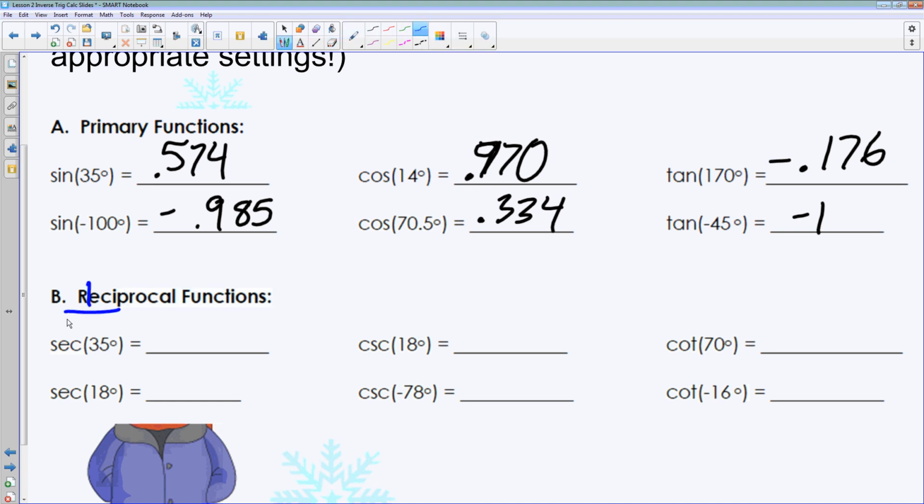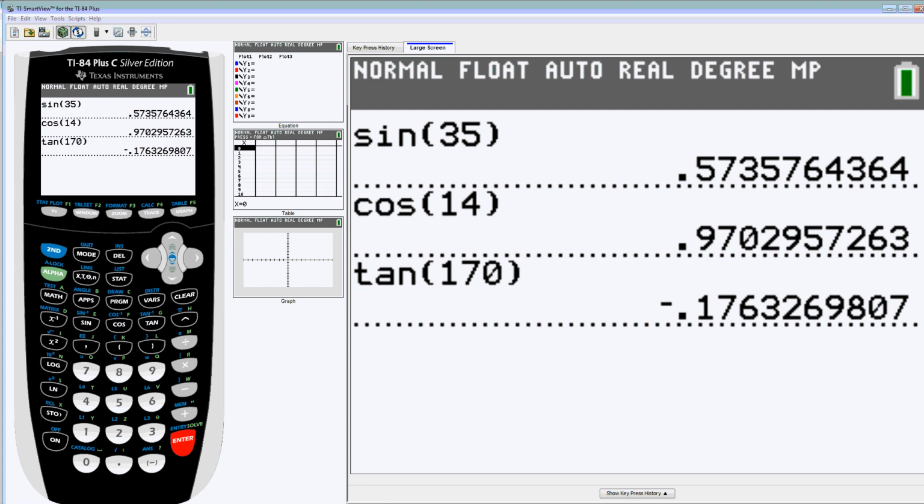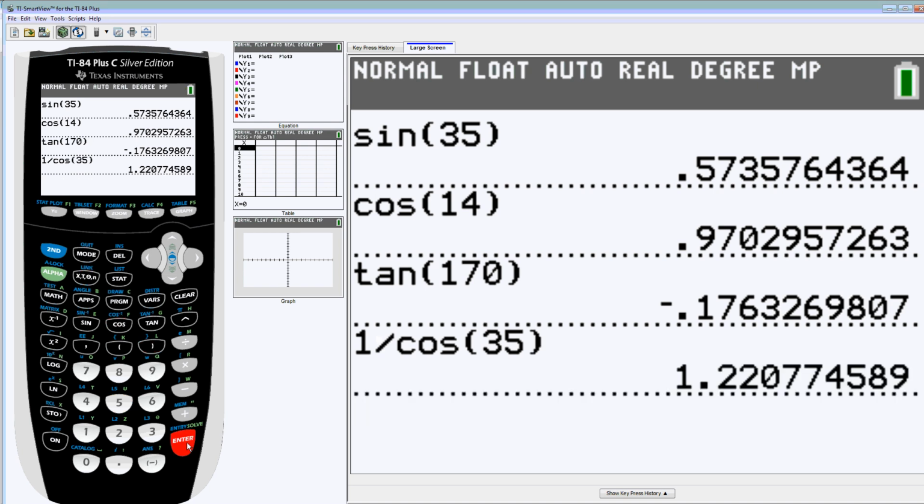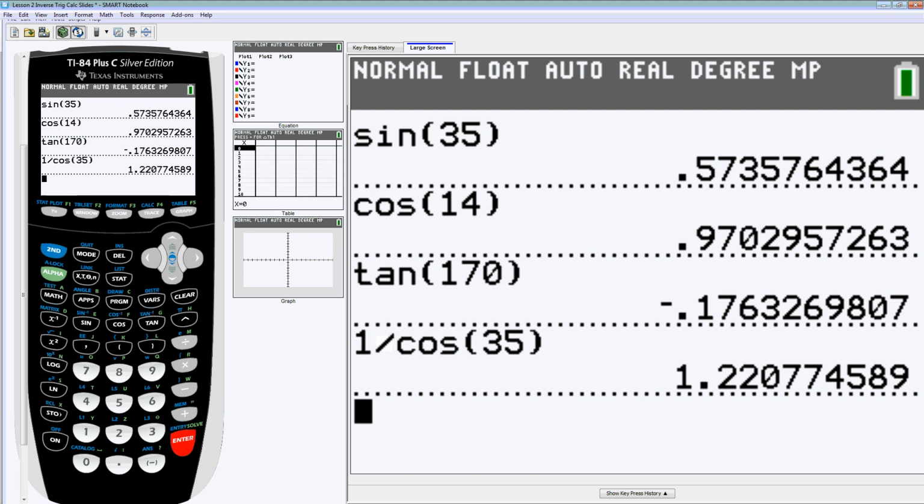So 1 over cosine of 35. And that's how you're going to have to type it in if you're using a calculator. So I'll show you that really quick. So 1 divided by cosine of 35. There is my answer, 1.221.